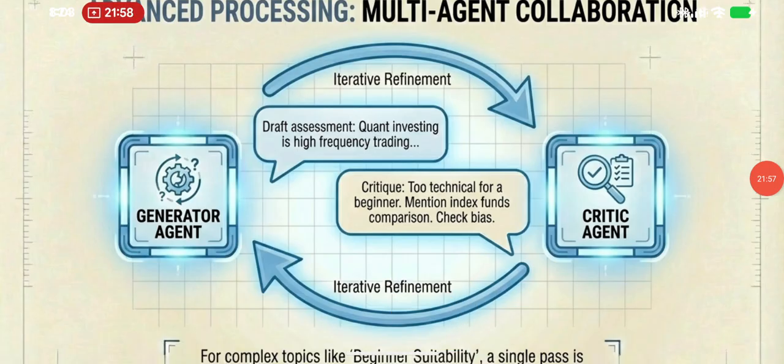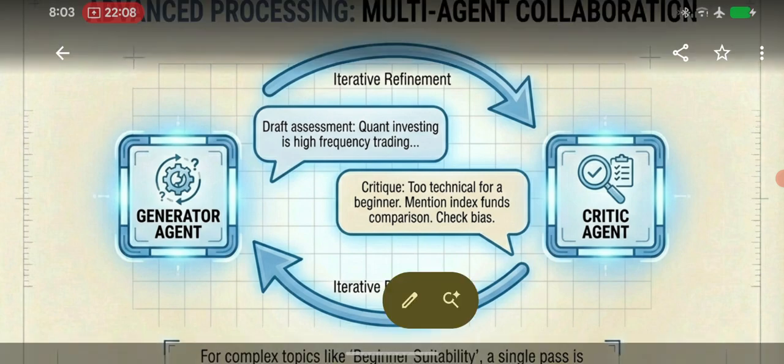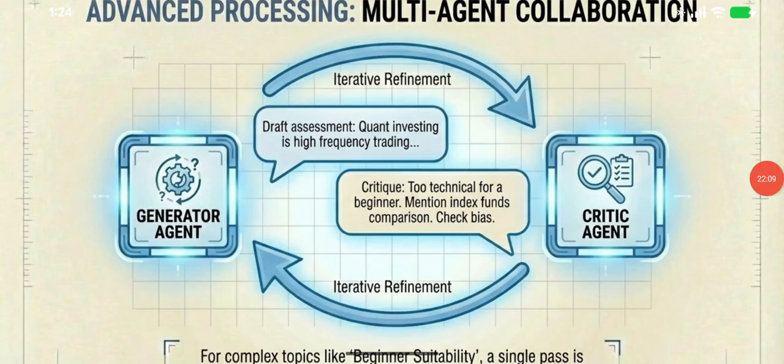So how it can be done is, for any solution you have a generator agent which generates the information, and you have the output, and that output is given to the critic agent. That critic agent will evaluate and provide its output, which the generator agent can look into and respond.